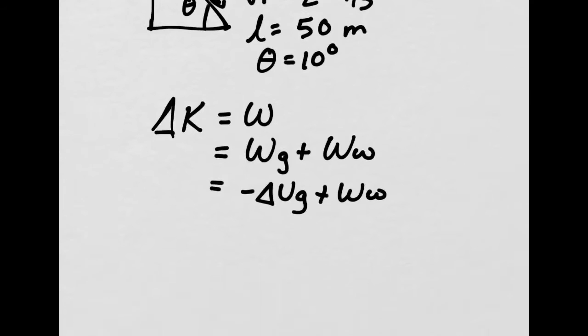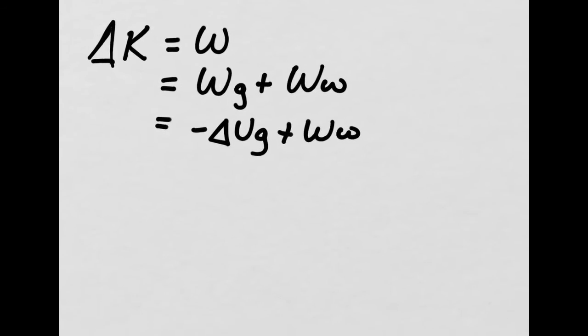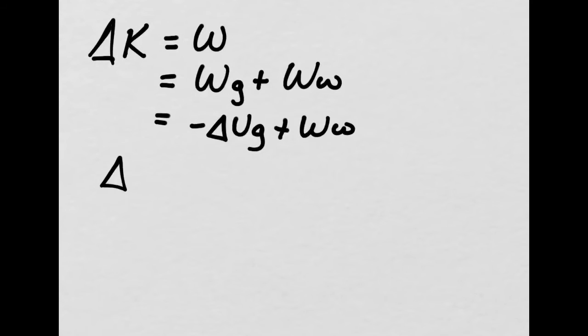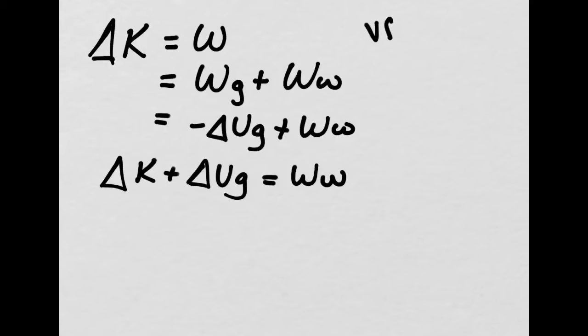So all I'm going to do is move this over so that the work done by the wind is by itself. And we want to know what is his speed at the bottom, so V final.